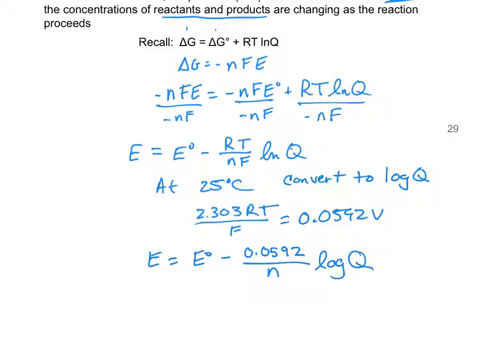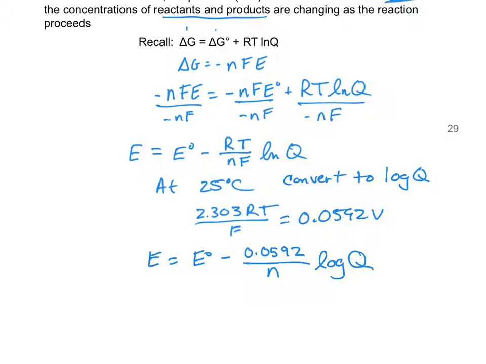Does anyone know why we keep converting from natural log to log base 10? It's actually kind of a fun reason. Mostly it's because this is old school. Before 1970, people didn't have calculators with them.